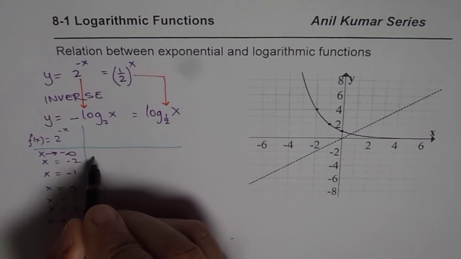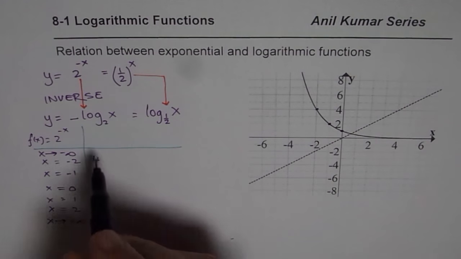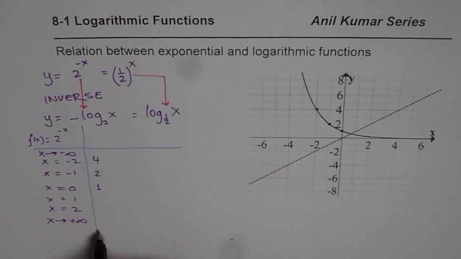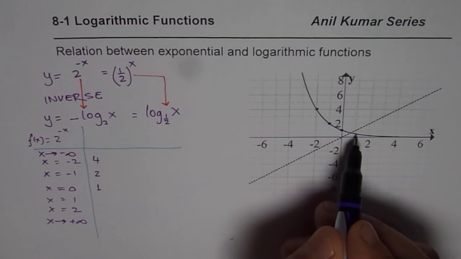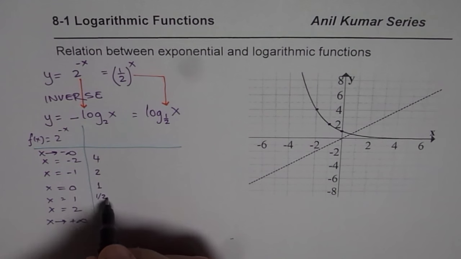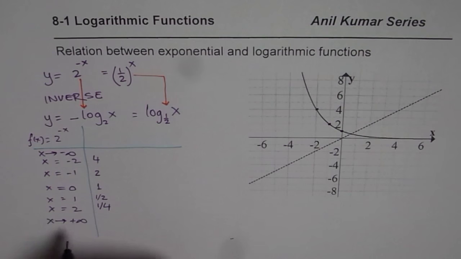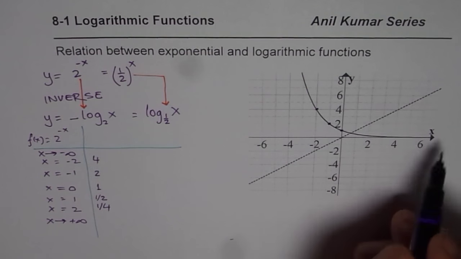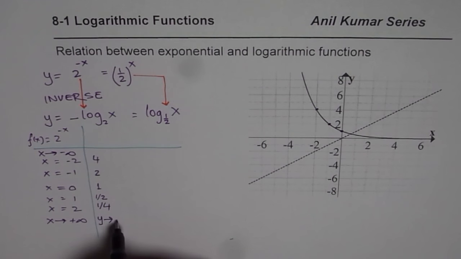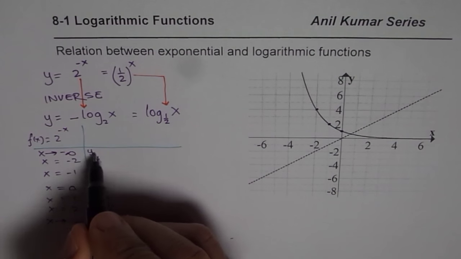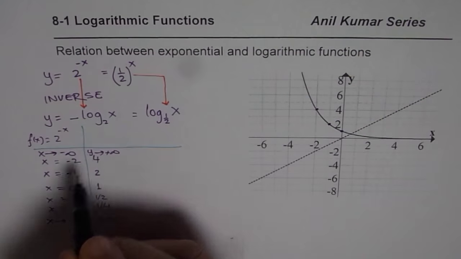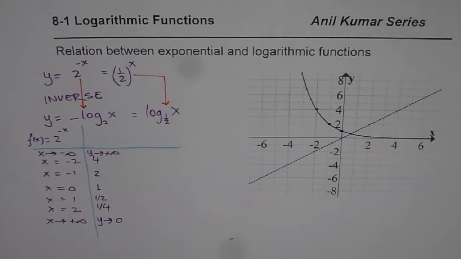For minus 2, we have a value of 4. All these values are positive, right? Now for 1, since it is a decay, it is 1 over 2, it is half, right? For 2, it is 1 over 4. And as x approaches positive infinity, y approaches 0. As x approaches negative infinity, y approaches positive infinity, in this particular graph.